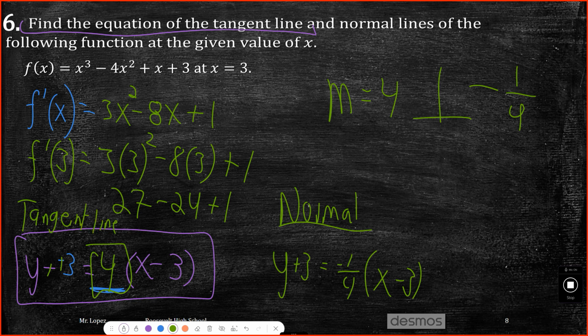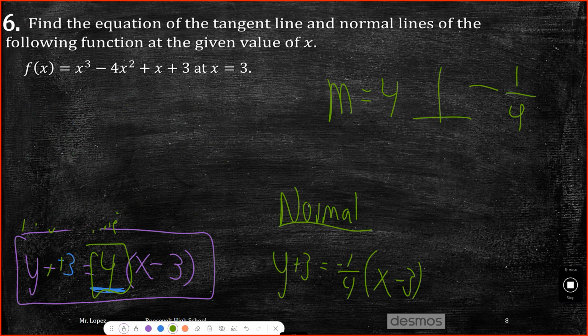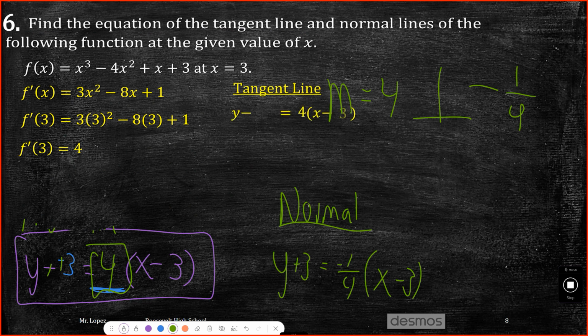So this would be the tangent line, and that's the normal line. So yeah, it's just the reciprocal and opposite.